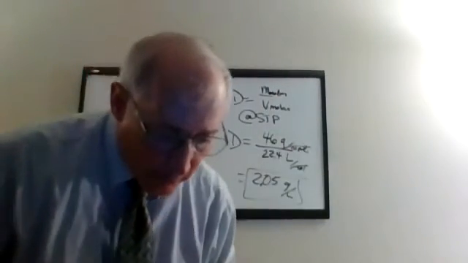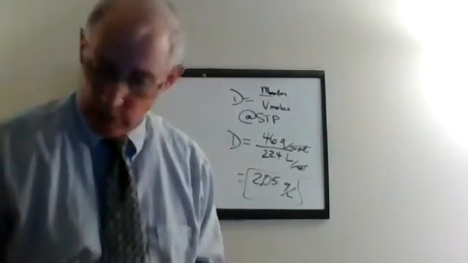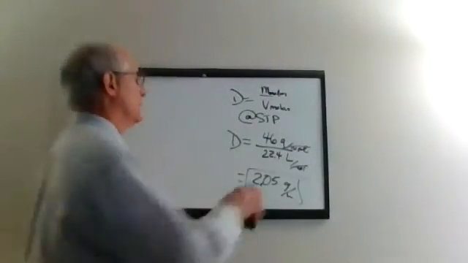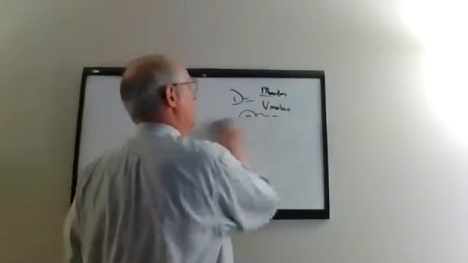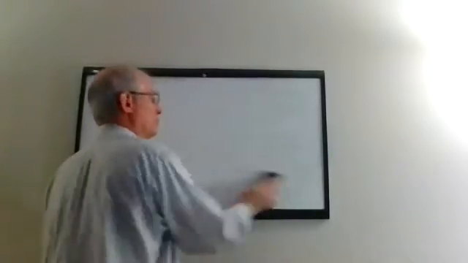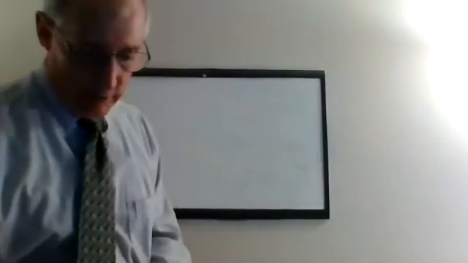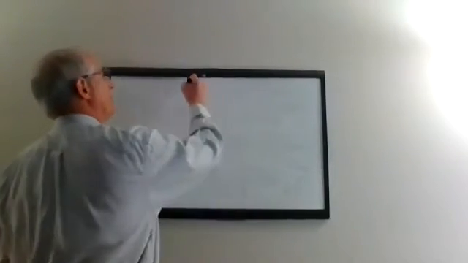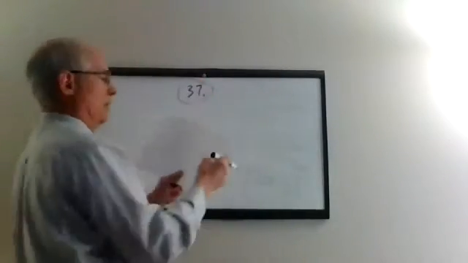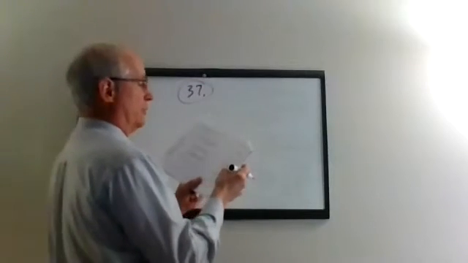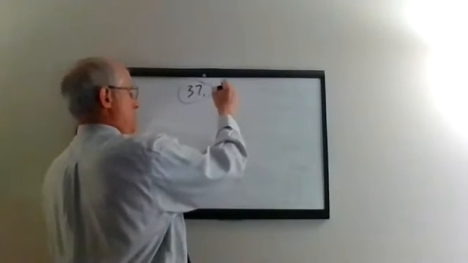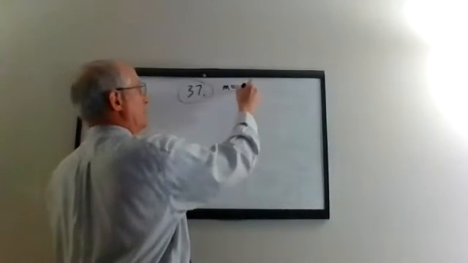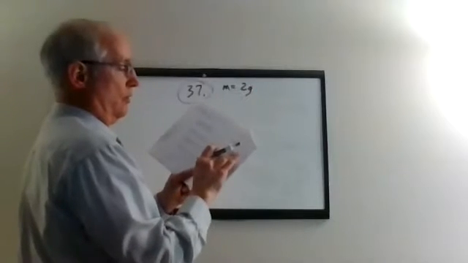Number 37, what's the volume? This looks like it only has one volume and one pressure. And so I'm thinking this is the ideal gas law. So we're going to do 37. So we've got a mass of 2 grams.